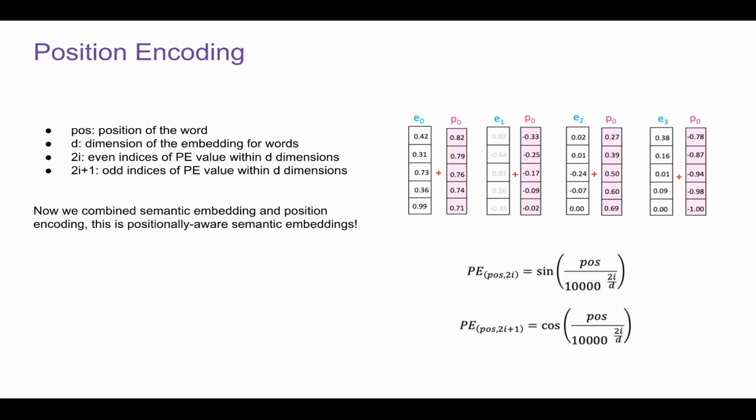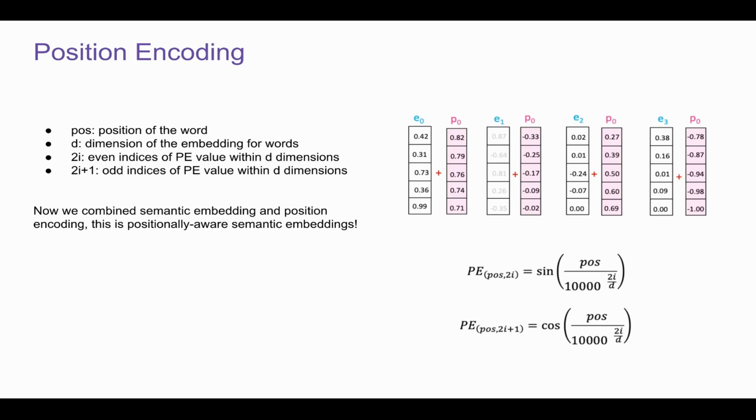So now we have the perfect input for the transformer model. Then we are ready to dive deeper into what actually happens in the transformer model and how the attention mechanism uses these positionally aware semantic embeddings. I'm going to dive deeper into those topics in the following episodes.